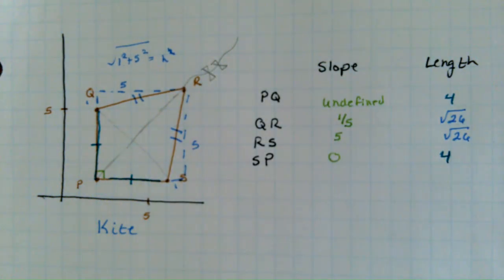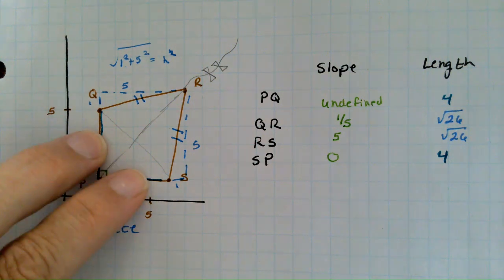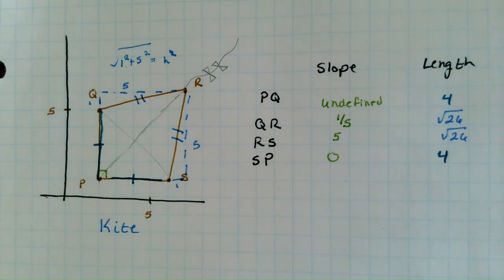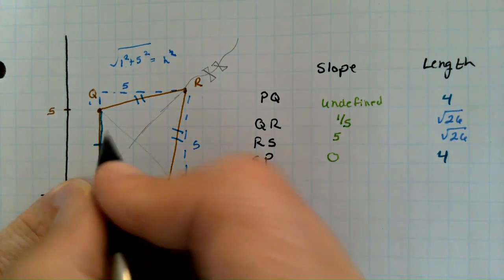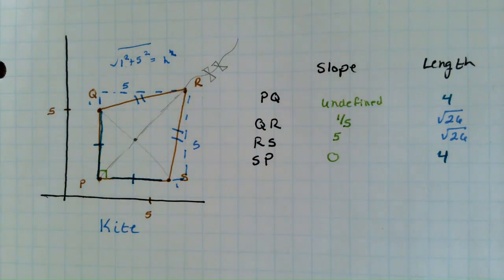Yeah, the kite's hanging upside down. It happens. So we found a kite. Why was it a kite? The adjacent sets were congruent, these were congruent. So P was equidistant from this point, and R was also equidistant from that point.